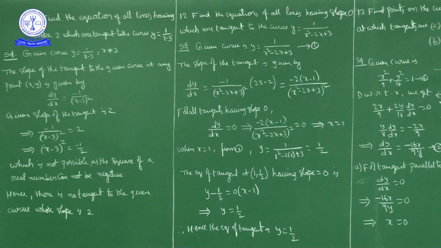Now question number 11: find the equation of all lines having slope 2 which are tangent to the curve y is equal to 1 upon x minus 3.